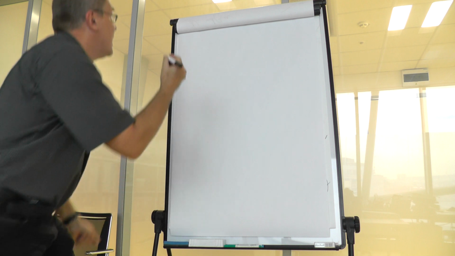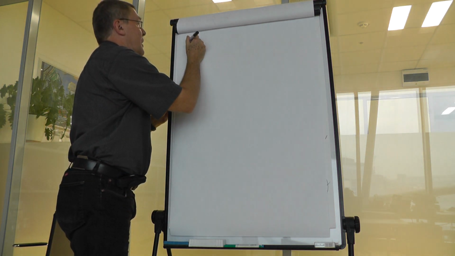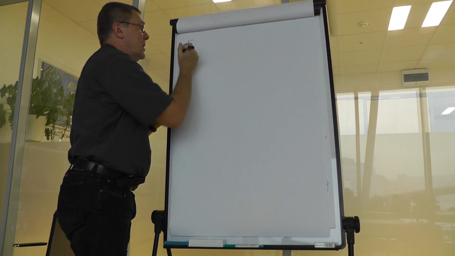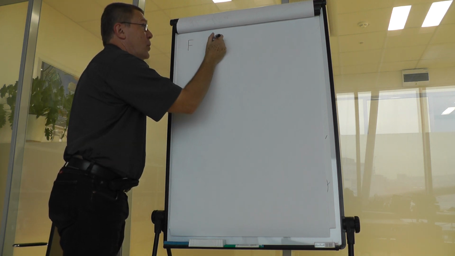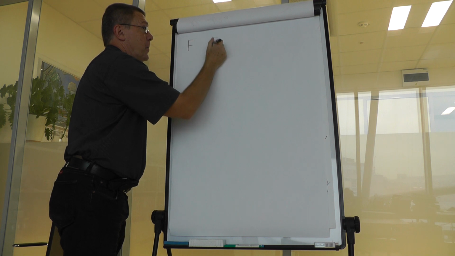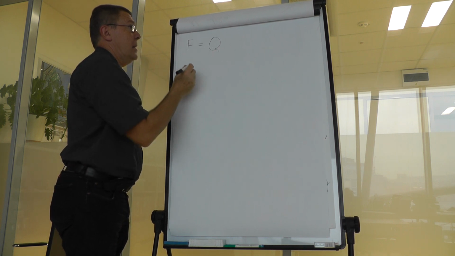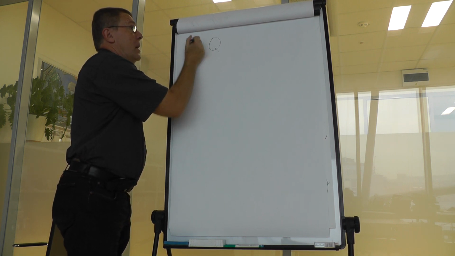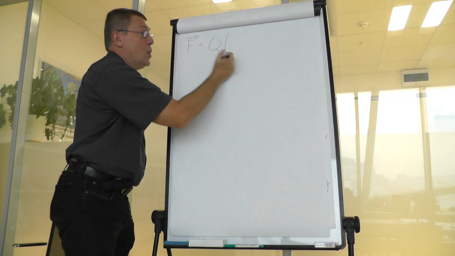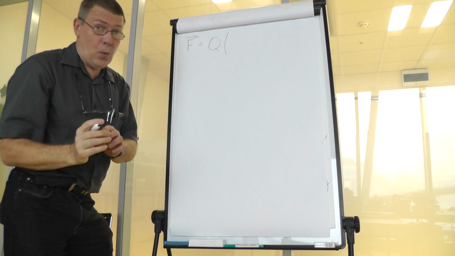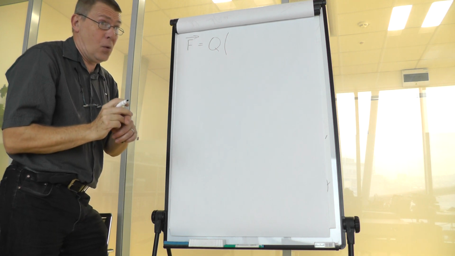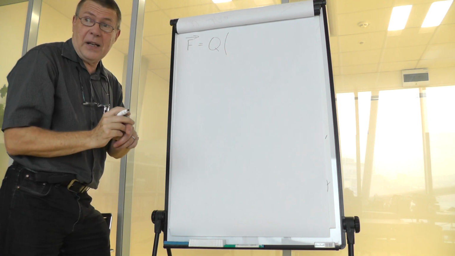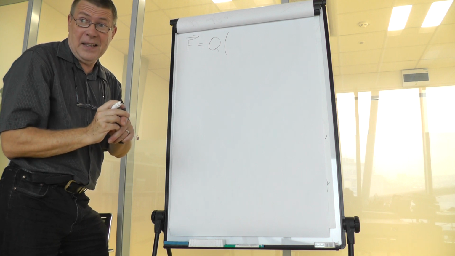Now, the force that affects an electric charge Q is given by two components. We know the first one because that has been a definition equation for electric field strength.